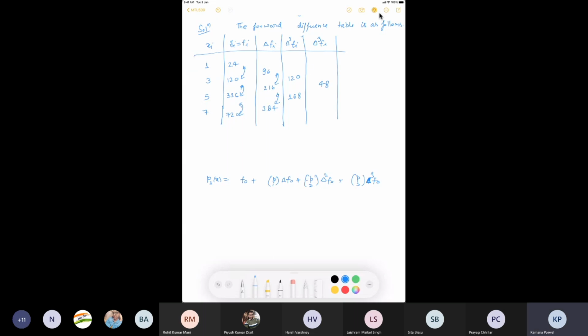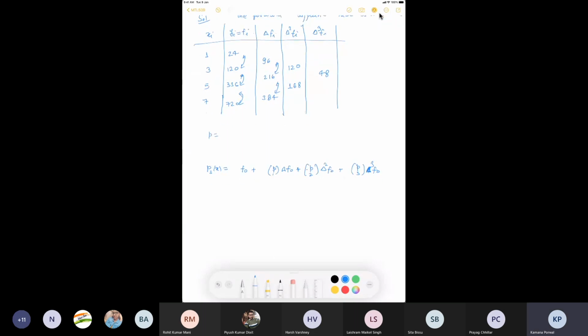Right? So P is what? P is (x minus x0) divided by h. So x0 is given to be 1 and h is given to be, you can take a difference of any two consecutive entries, x1 minus x0, which is 2. So we have this as (x minus 1) divided by 2.